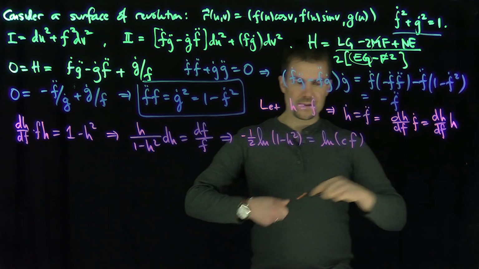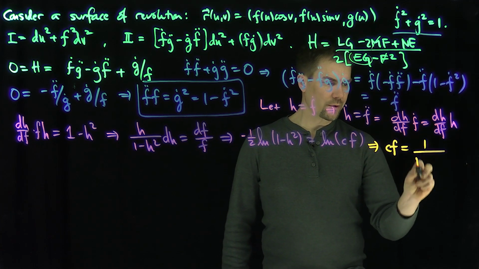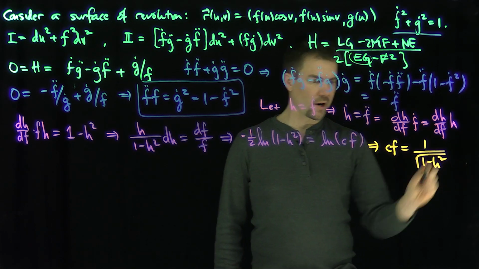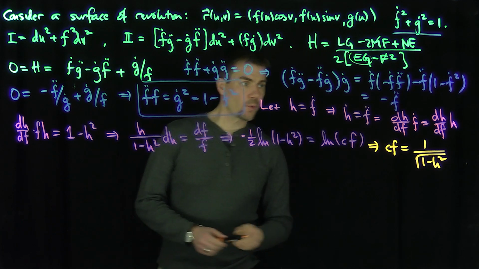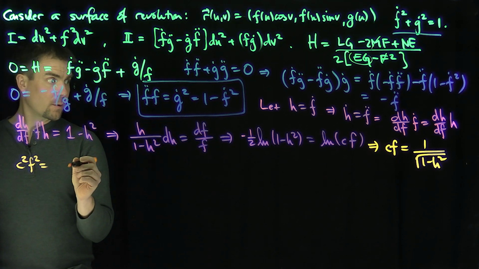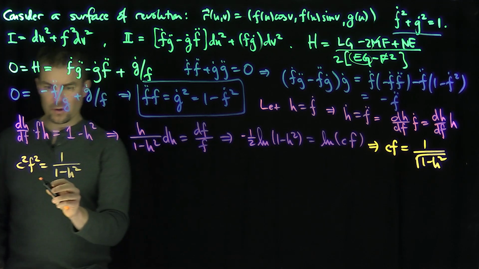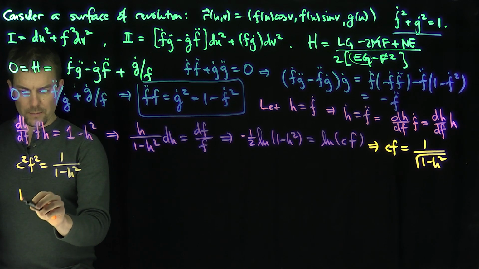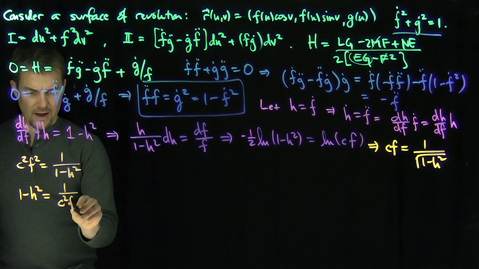And so now, of course, this tells me that c times f is equal to 1 over the square root of 1 minus h squared, like that. Good? And so I square both sides and get c squared f squared is equal to 1 over 1 minus h squared. Take the reciprocal of both sides and get that 1 minus h squared is equal to 1 over c squared f squared.